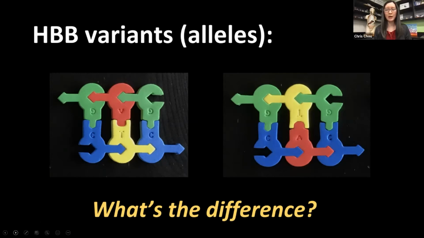Now, though, when we talk about alleles or variants of a particular gene, we want to zoom in to the nucleotide level. So you can see here at one locus there is a difference, a SNP. So you have that SNP right there.